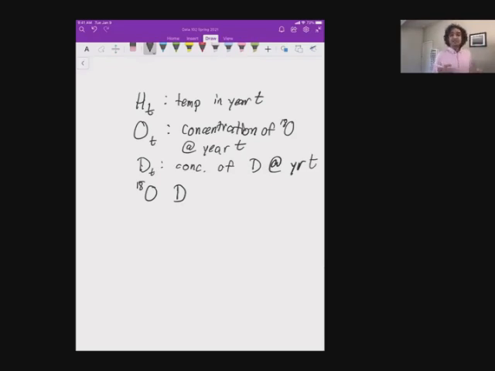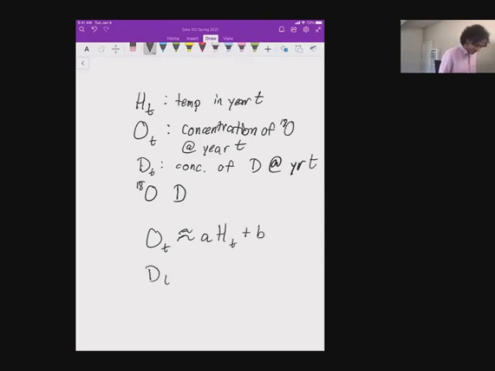So I have H_t, O_t, and D_t, three different quantities. H sub t is the thing I actually want, and O sub t and D sub t are the things that I observe, but they're not actually the thing I want. But they're related. In particular, they're related through the equation: O sub t is roughly equal to some constant times H sub t plus some other constant.